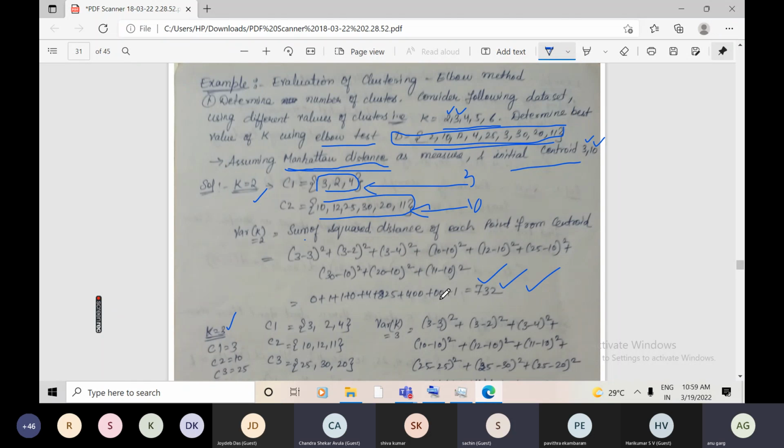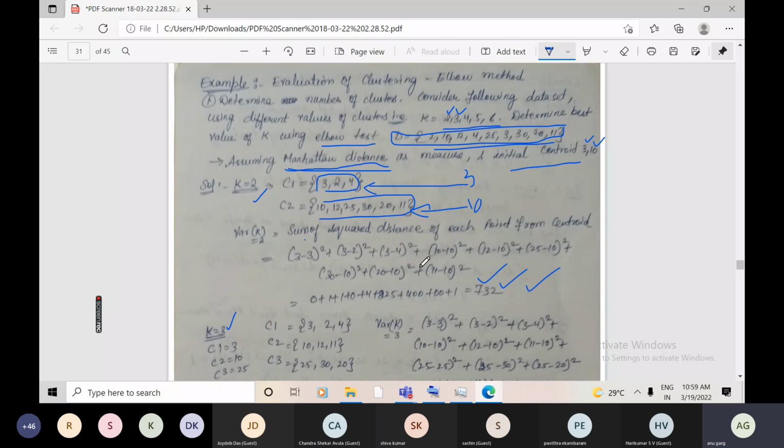Correct. So to calculate the SSE, you can use either Manhattan or Euclidean. Square is just one of the values: you give the Q value as 2, then it becomes Euclidean, and if you use 1, then it is Manhattan. It's just a way you calculate the SSE. The plot remains the same, K versus SSE.